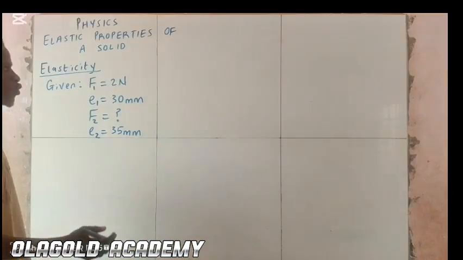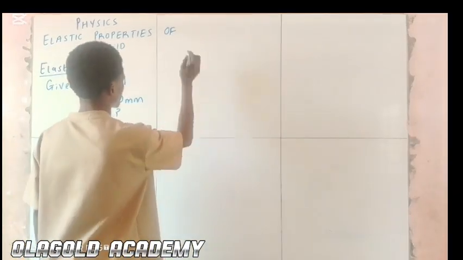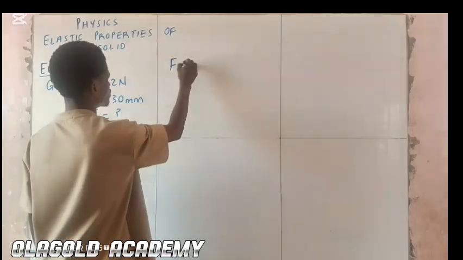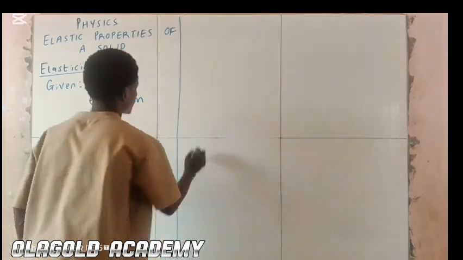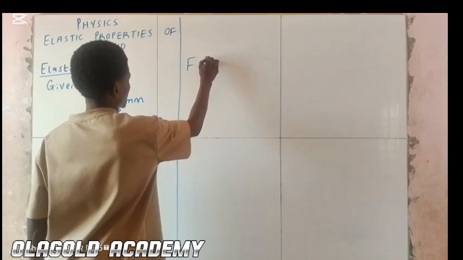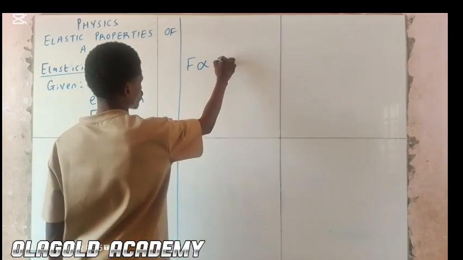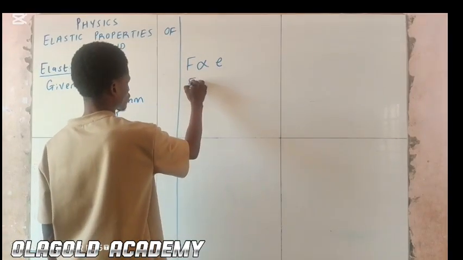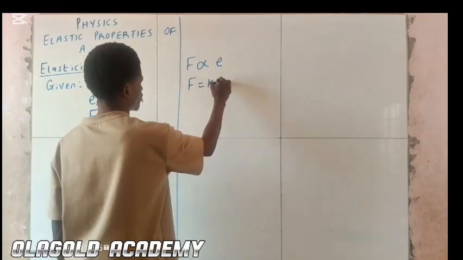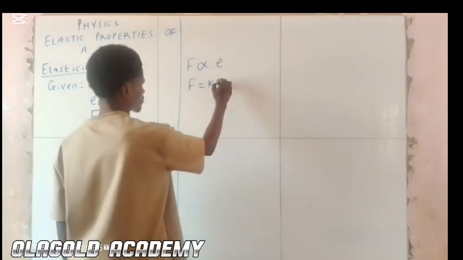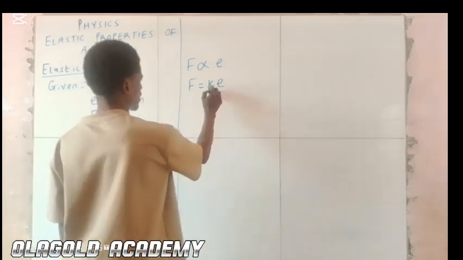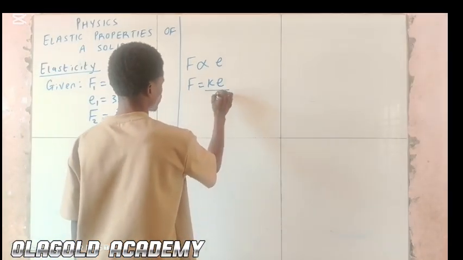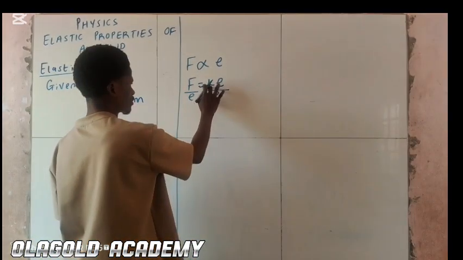We are told that force is directly proportional to extension, and force equals the elastic constant multiplied by extension. All right, so divide both sides by extension to make this constant stand alone.